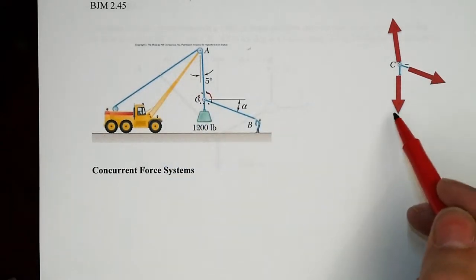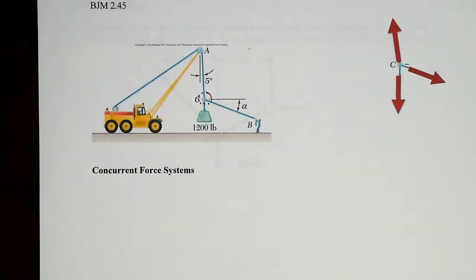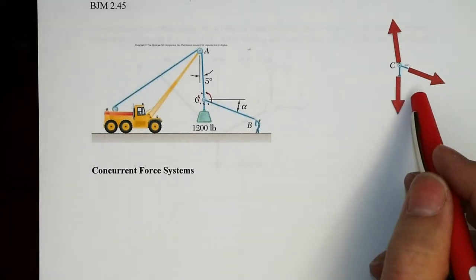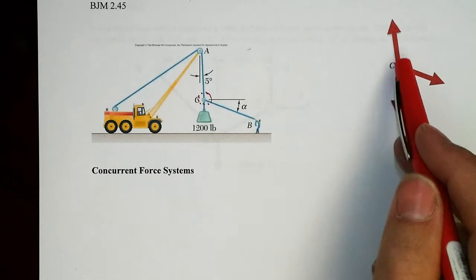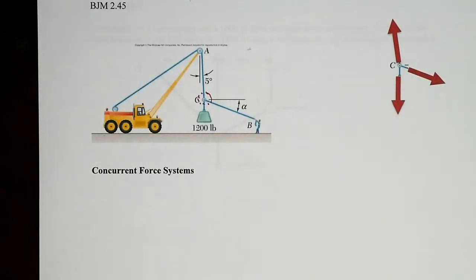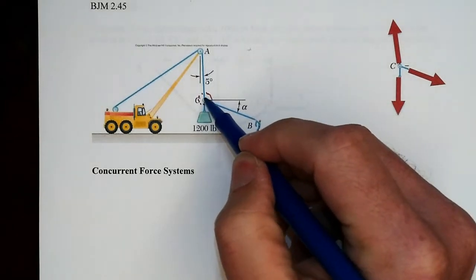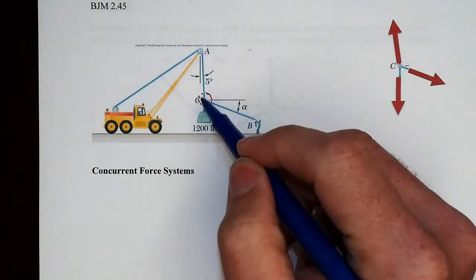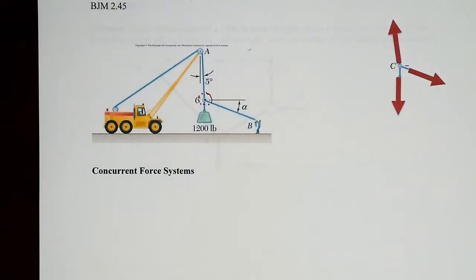we've got these three forces, and note a couple of things. One, all of these forces, these internal forces, internal to the body, are directed along the longitudinal axis, the straight line between the two ends of that particular member.